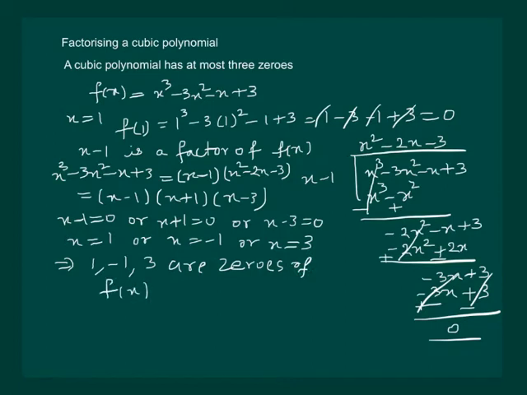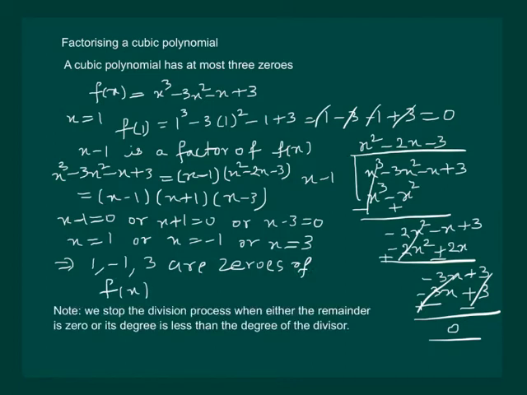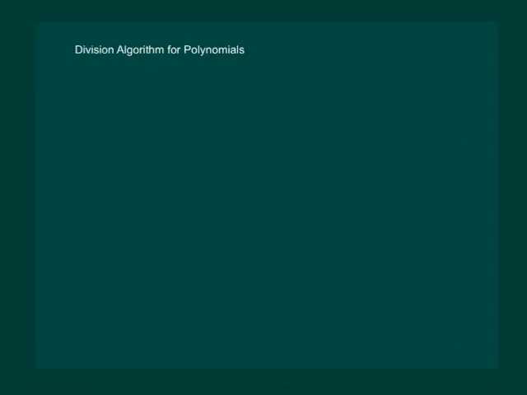Note that we stop this division process when either the remainder is 0 or its degree is less than the degree of divisor. Let us take the division algorithm for polynomials.